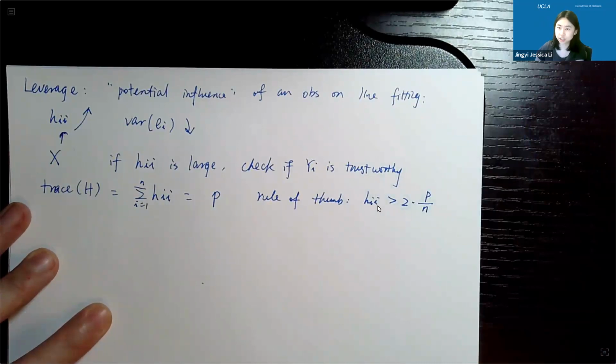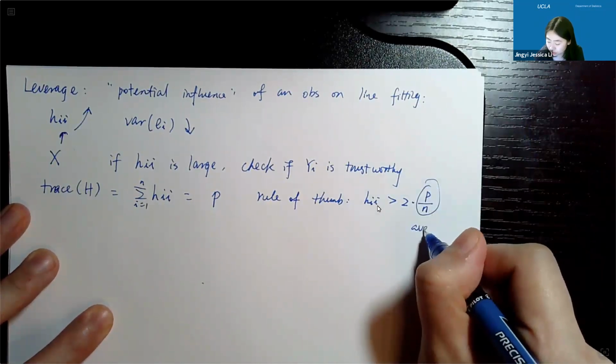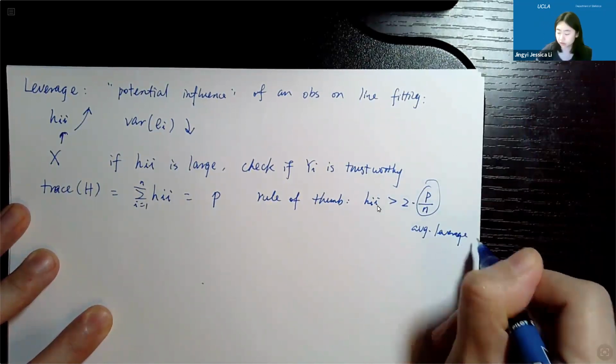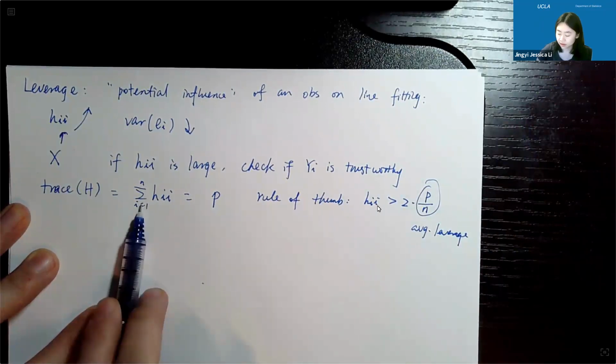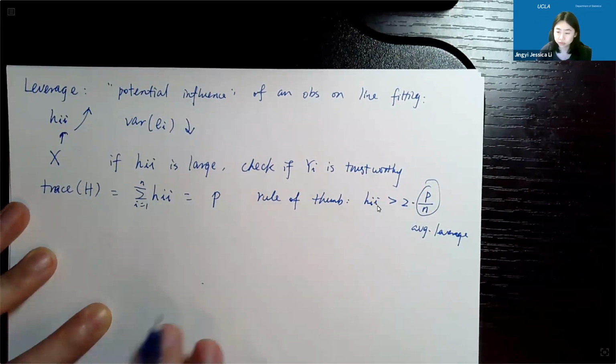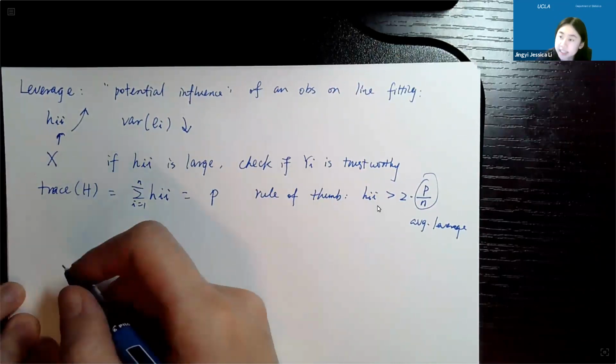So what's the rationale behind this? This is what we think of as the average leverage across data points, right? p divided by n. And if this is larger than twice the average, we think this is large. Okay, that's the leverage. And the last thing we want to discuss is what we call the Cook's distance.